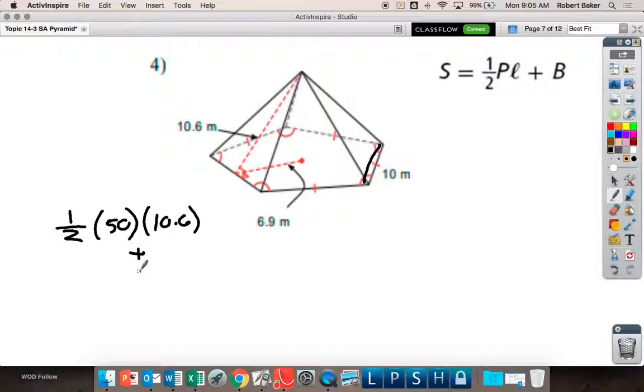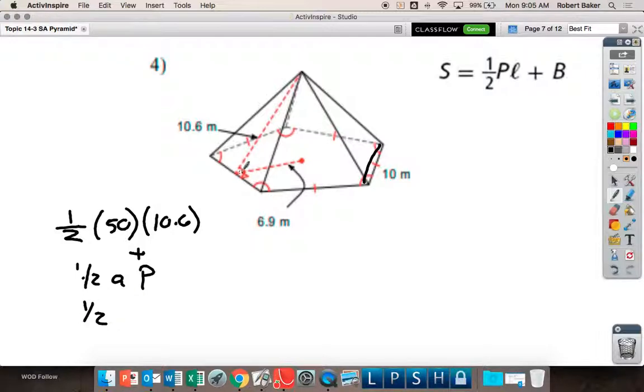How do you find the area of a pentagon? There you go. 1/2 the apothem times the perimeter. For any regular polygon, it's 1/2 the apothem times the perimeter.